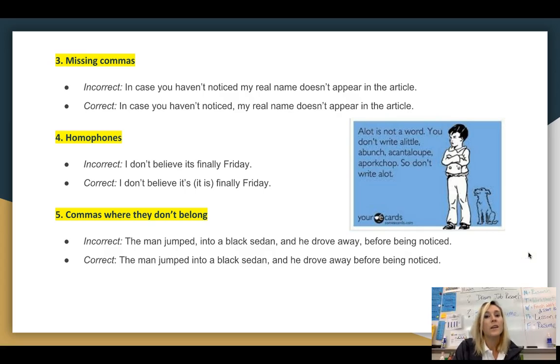All right, now we just watched a lesson on commas, so let's see if you recognize the problem. In case you haven't noticed, my real name doesn't appear in the article. That sounds fine to our ears, but in case you haven't noticed, my real name doesn't appear in the article. There's a pause there.